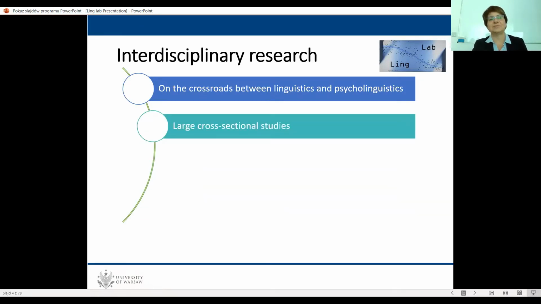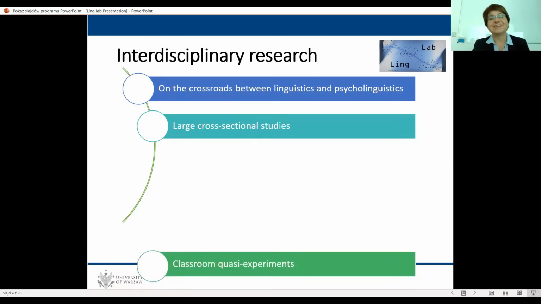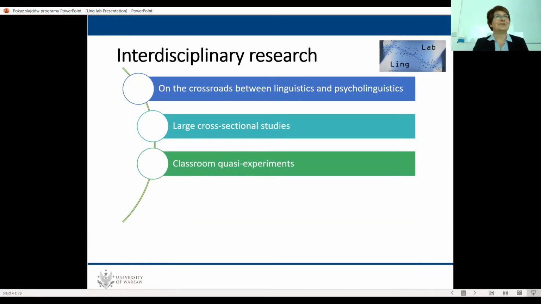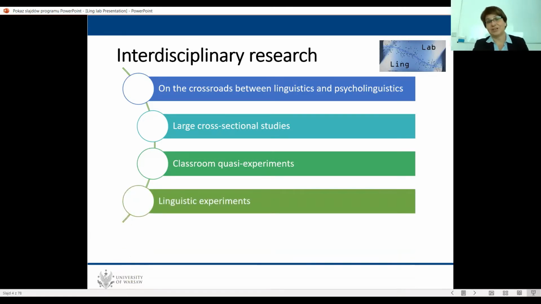We run large cross-sectional studies trying to find out certain patterns in how language acquisition works. We also run classroom quasi-experiments because we're very strongly rooted in classroom-oriented research, and we also run psycholinguistic experiments that can be designed and conducted in laboratories.